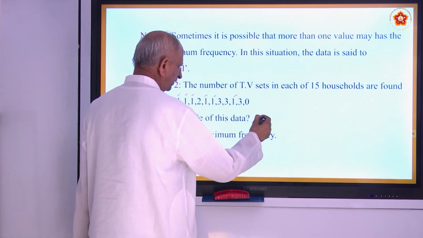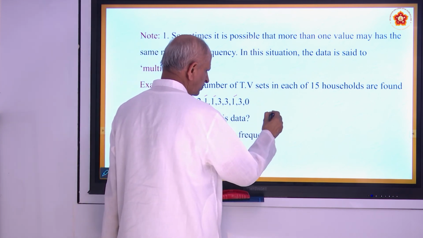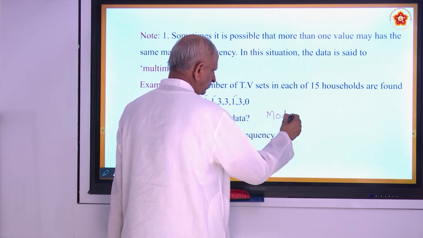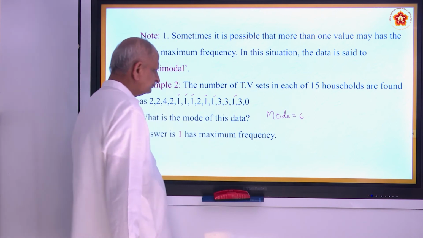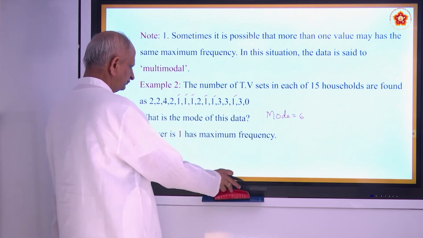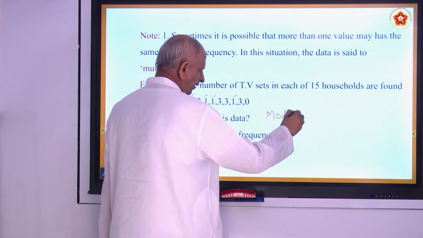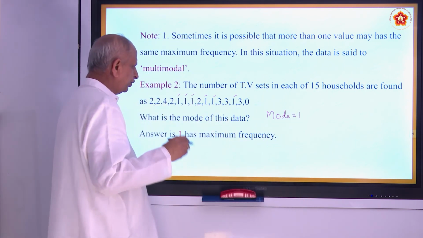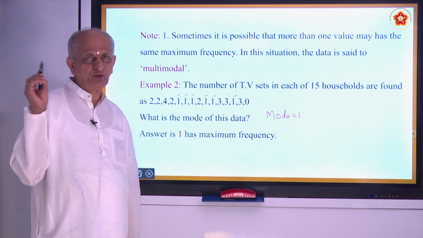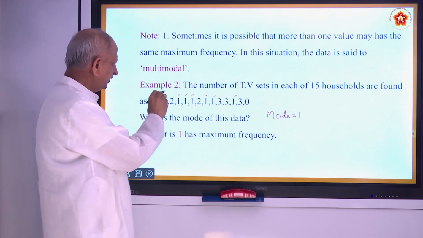So mode of the data is equal to 1, since 6 times is there. Most often repeated score. So 1 is most often.